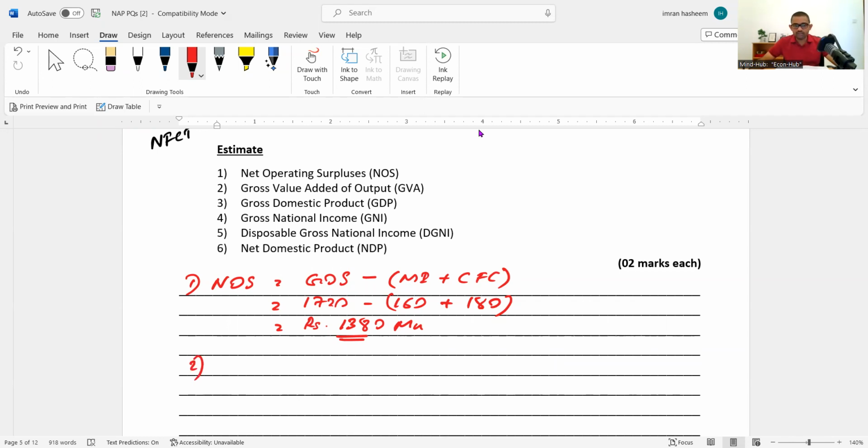Right. Number 2. Gross value added of output. Gross value added of output is the same as it's given within brackets, so there is no chance of confusion here. GVA. How do we estimate GVA? What goes without saying when you ask to estimate GVA? You need to answer quickly.